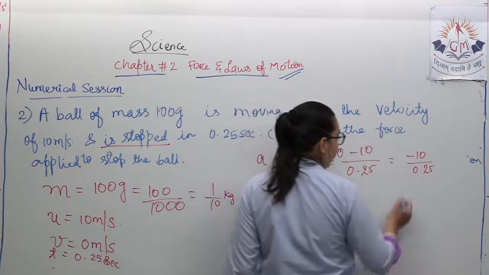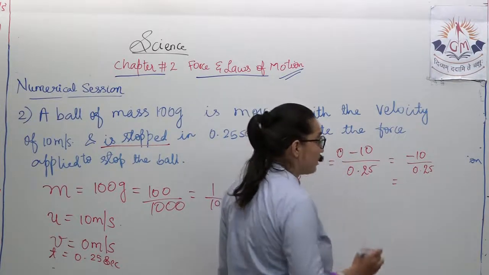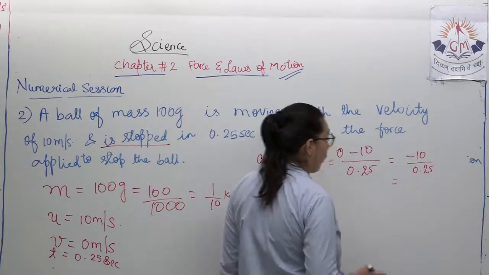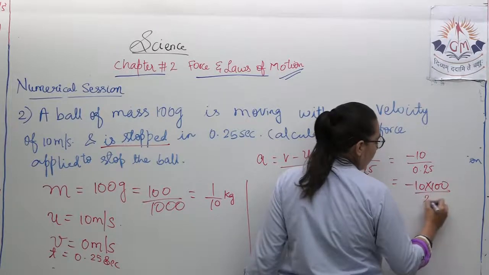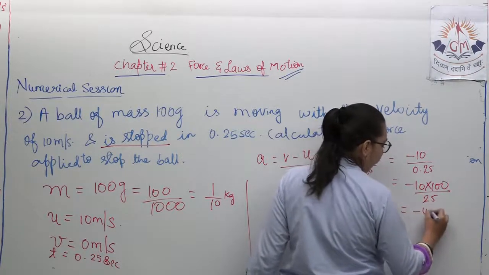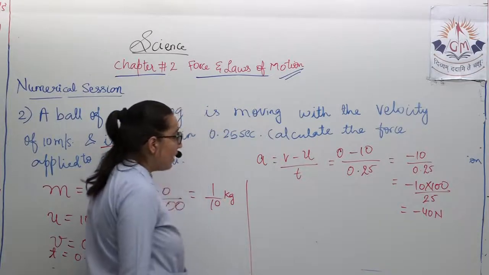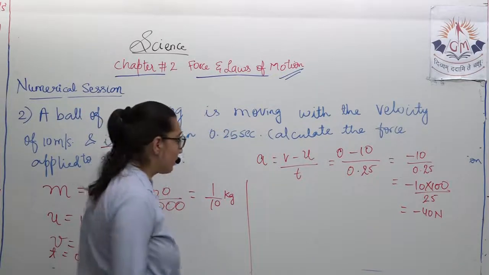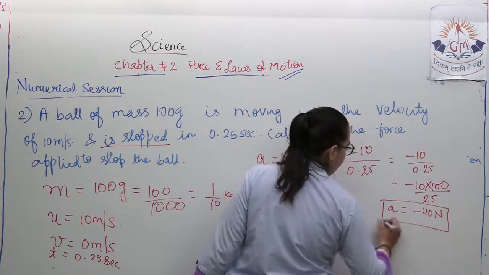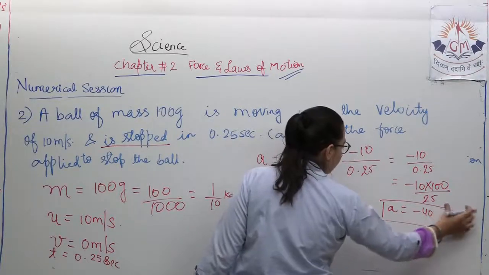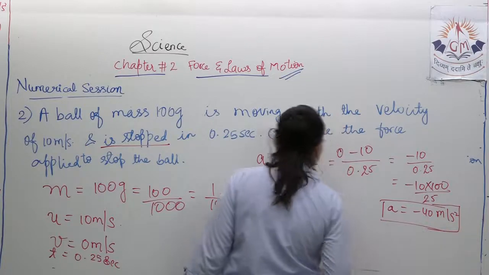Whenever you have 0.25, it's 1 by 4, or minus 10 into 100 upon 25. That is minus 40. That is acceleration, in meter per second square. Come to force.